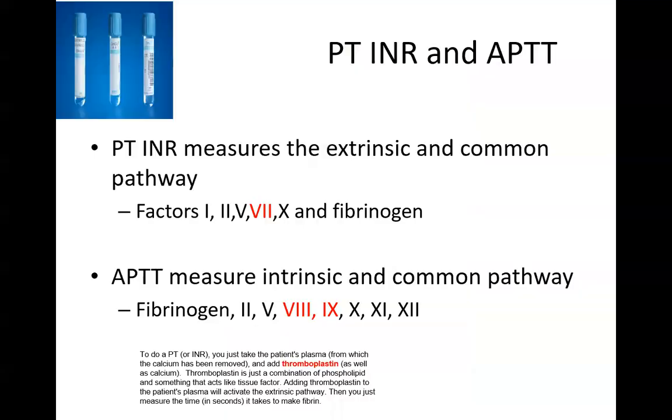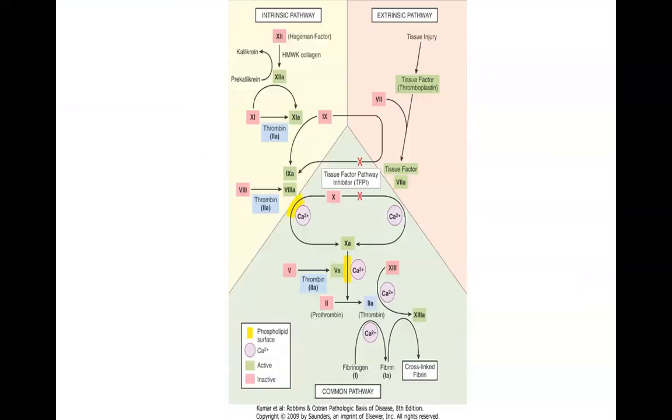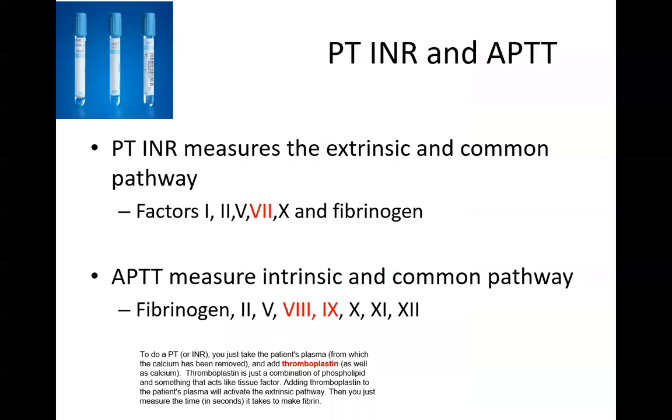Any questions so far? This formation of fibrin can be measured by two investigations. We call them the PT-INR and APTT. Prothrombin time, INR stands for International Normalized Ratio, and APTT stands for Activated Partial Thromboplastin Time.